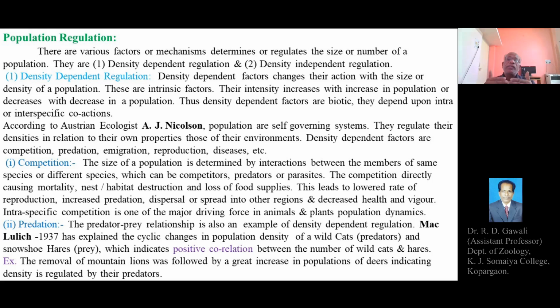Means whatever the actions or coactions performed by the organisms belonging to the same species or different species.